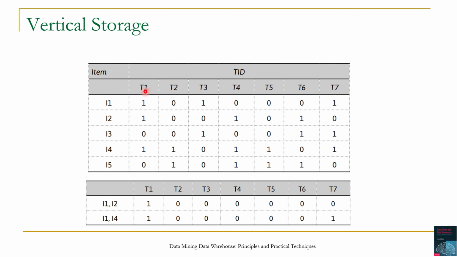So 1 will appear under T1, while for all other transactions it will be 0. Its total frequency will be 1. Let us calculate the frequency of item pair I1 and I4. Let's intersect it. We will get 1 under T1 and 1 under T7. For all others we have zeros, so its total frequency will be 2.